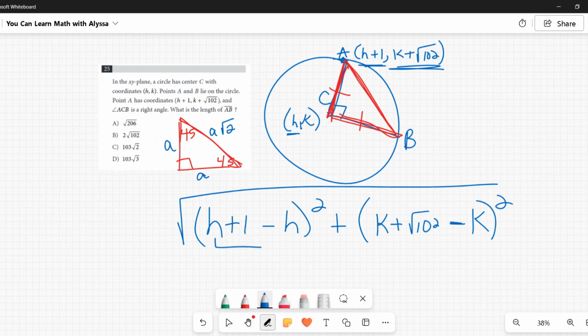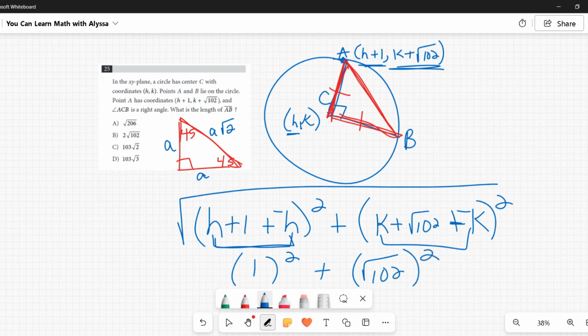So first, h minus h, because we can view this as plus a negative in both cases. We can say h plus a negative h. Those cancel out, leaving just 1. I have 1 squared. And then k and a negative k cancel out, so I just have square root of 102 squared. And all of this is square rooted.